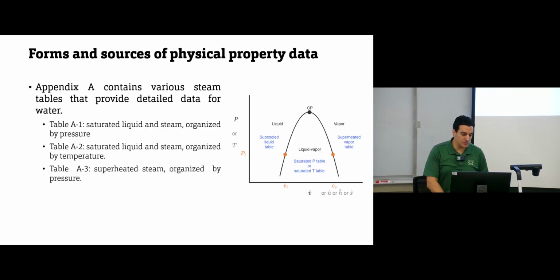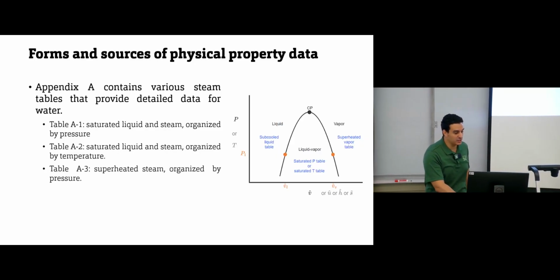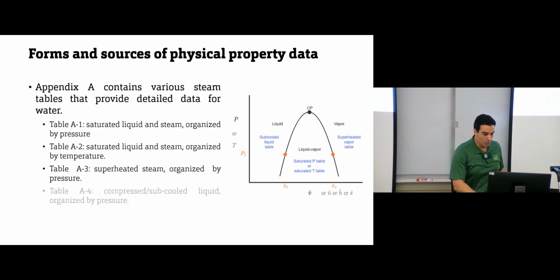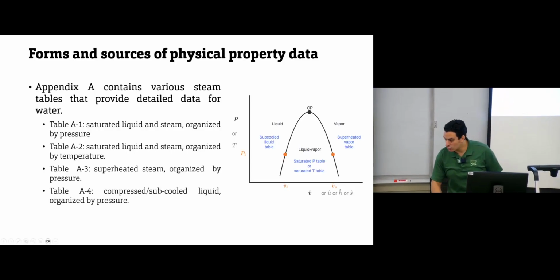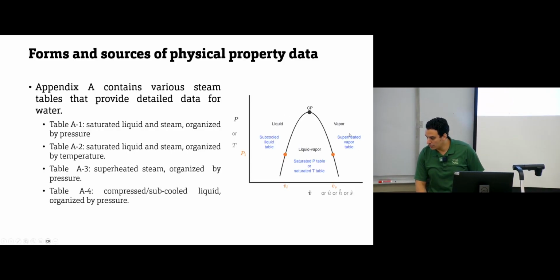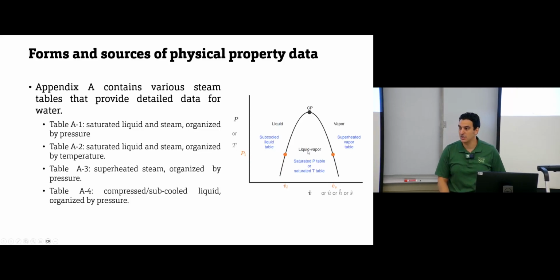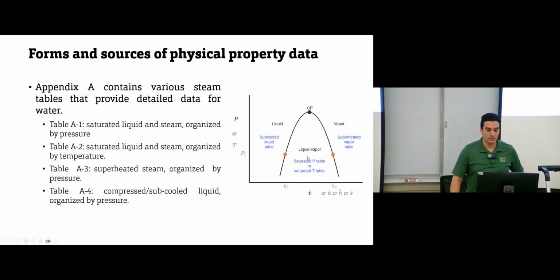One table gives you data for the superheated steam, one table for the compressed liquid. So we have one table for this region, one table for this region, and two tables for this region, steam pressure and saturated liquid and vapor mixture.